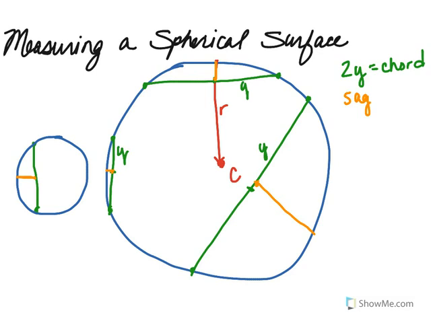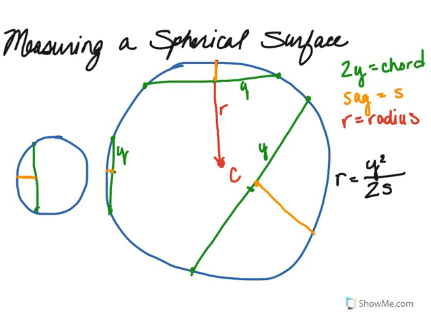So the way that we relate the chord length, the sagittal height, the sag, and the radius of curvature is usually with an approximate formula, which is that the radius of curvature is equal to the squared half chord length divided by 2 times the sagittal height.